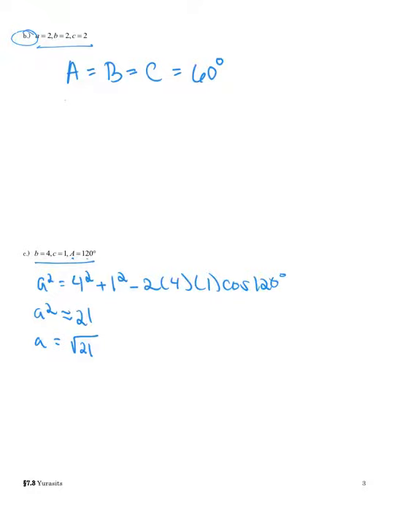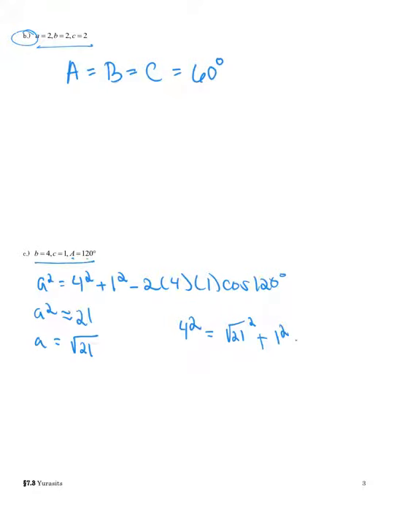So now it's up to you if you want to solve for angle C or angle B. I'm going to go ahead and solve for angle B. So I get 4 squared equals, see, this is why it makes it easier, because that squared is just going to be 21, which is nice. Plus, and I should mention you'll be given this formula.